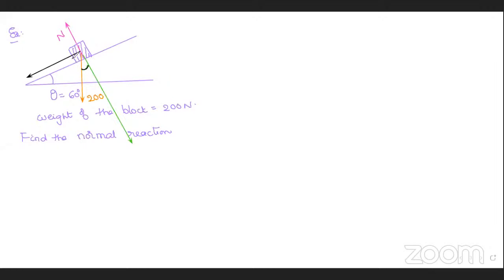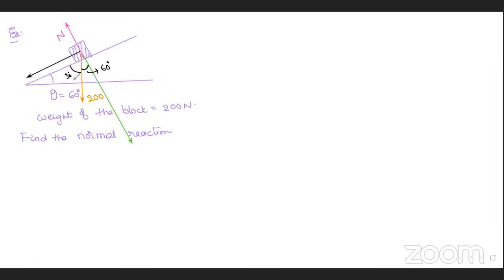It is 90 means this angle should be 30 degrees and that angle should be 60 degrees now in this right angle triangle. Am I right, Nana? Am I correct here?